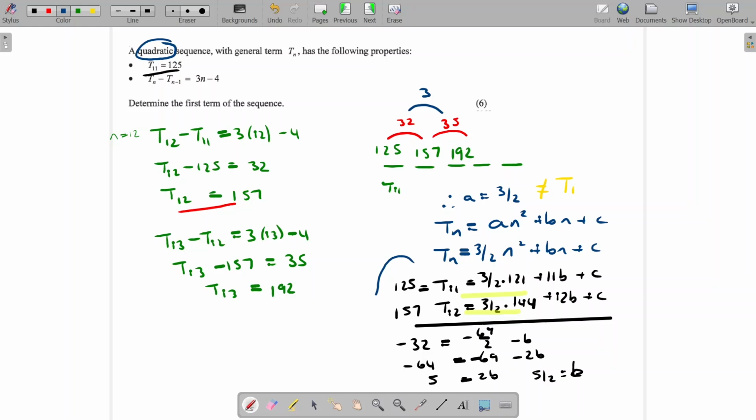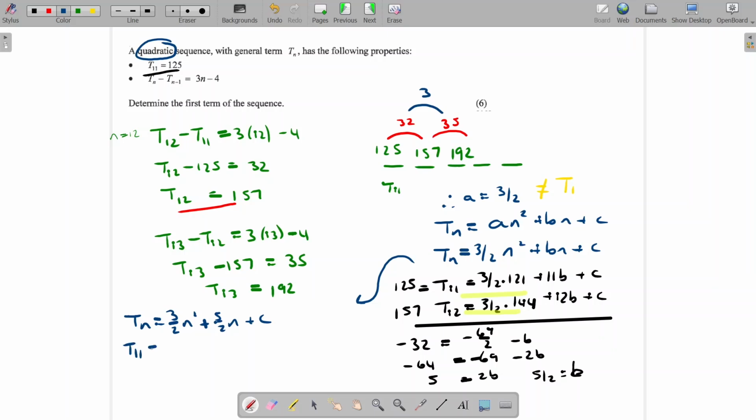We could go through and now find c. We do the same trick. If the trick works, we keep doing the same trick. So now we know that Tn equals 3/2 n squared plus 5/2 n plus c. Let's sub in term 11.